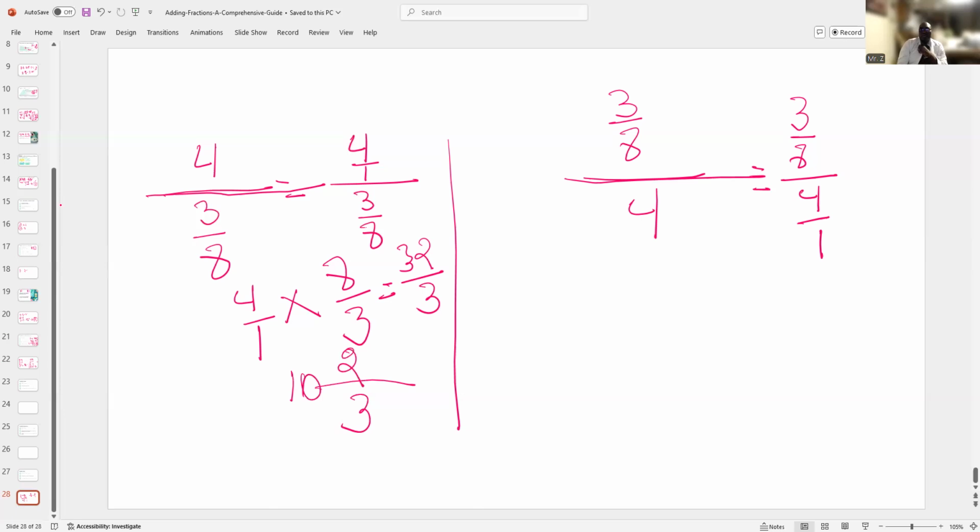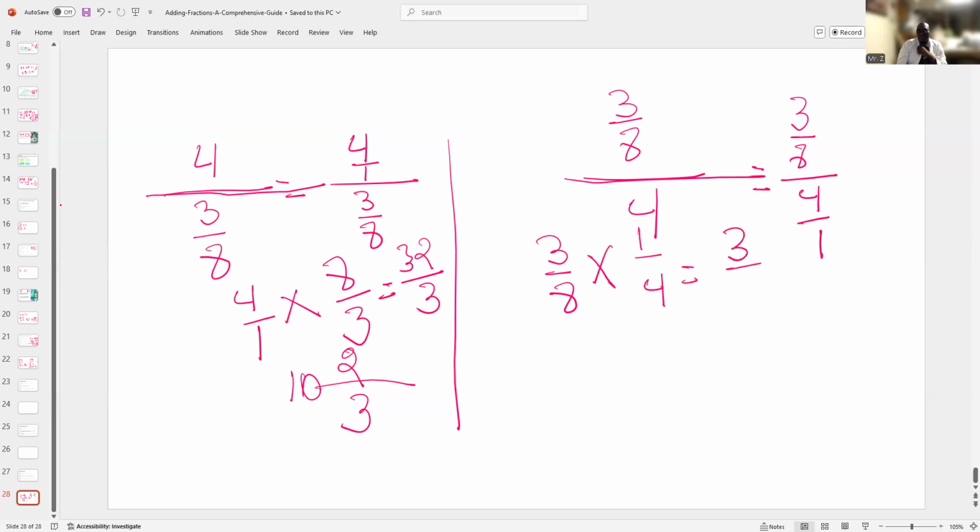The second one is the same concept. We had a fraction divided by a whole number. You put 1 underneath that. So I got 3/8. Multiply, flip the second fraction, become 1/4.